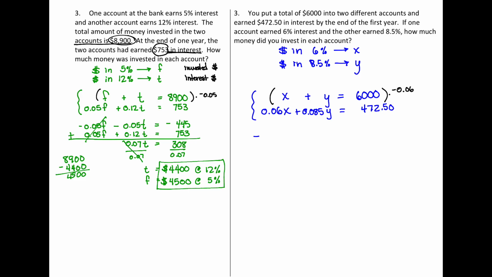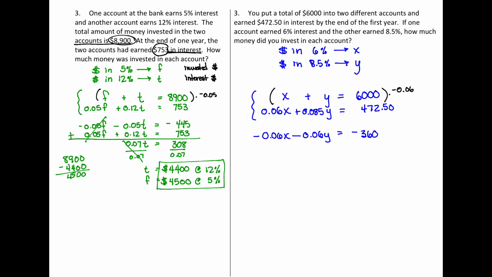Okay, so I get negative 0.06x minus 0.06y. So I just did these two. Now I need that one, and I get negative 360.